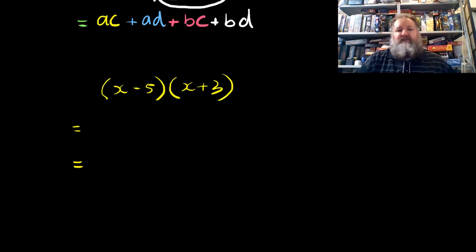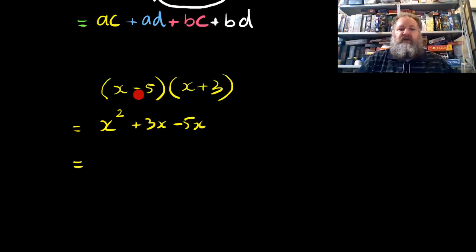Here we have x minus 5 in a bracket being multiplied by x plus 3 in a bracket. So I'll do my firsts, and I'll end up with x squared. I'll do my outsides, which will be an x multiplied by a plus 3, and I will get plus 3x. I will then do my insides, negative 5 times x, which will be negative 5x.